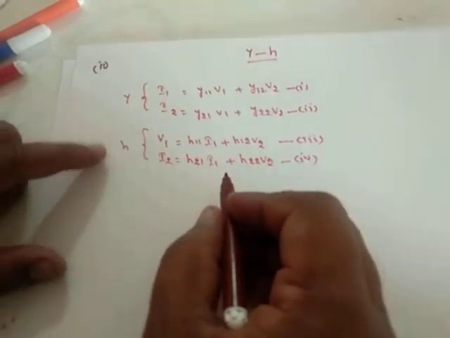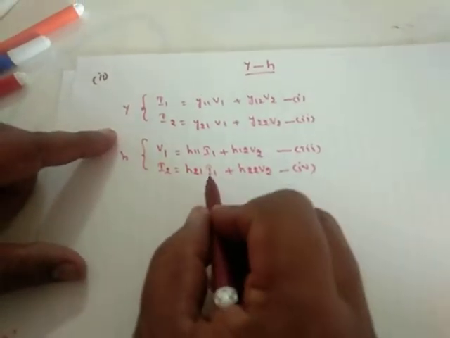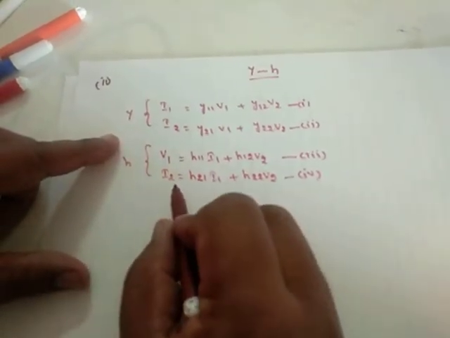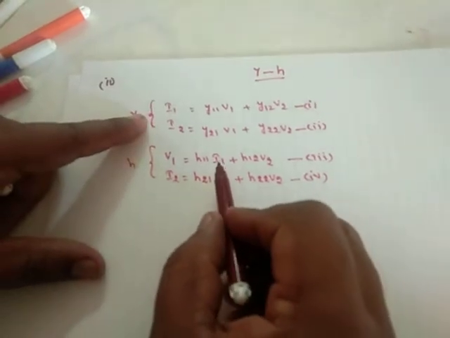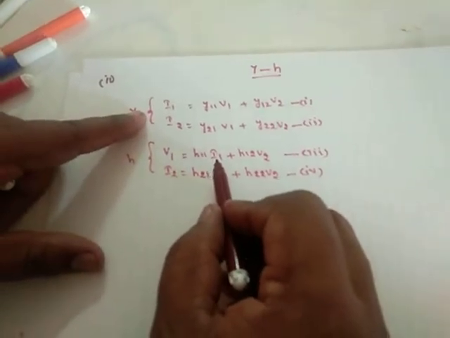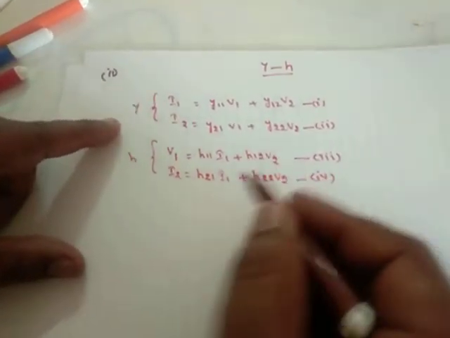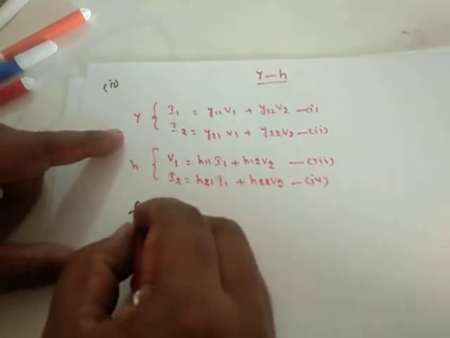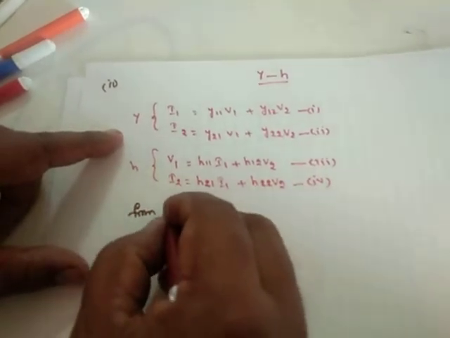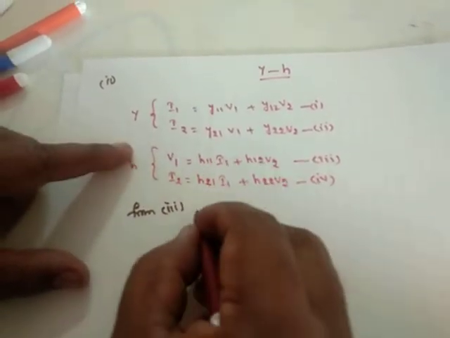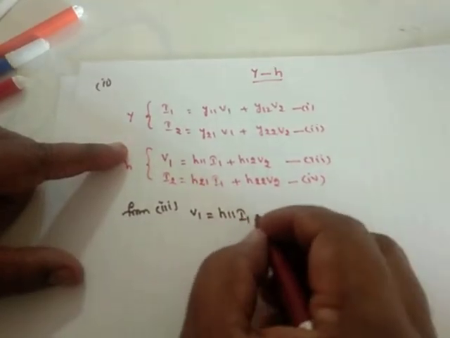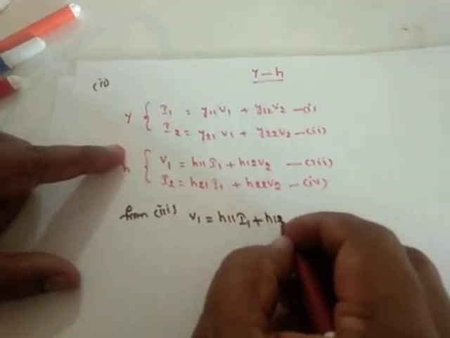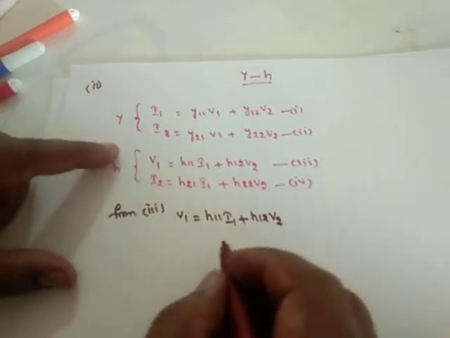Now observe: in this case the variables are I1, I2, V2, and here in this case V1, I1, V2. Okay. From 3, V1 is equal to H11 I1 plus H12 V2.